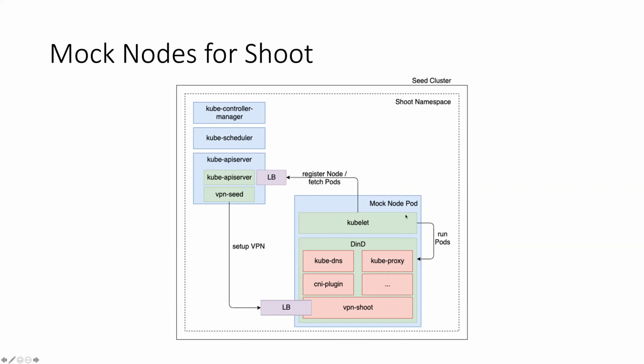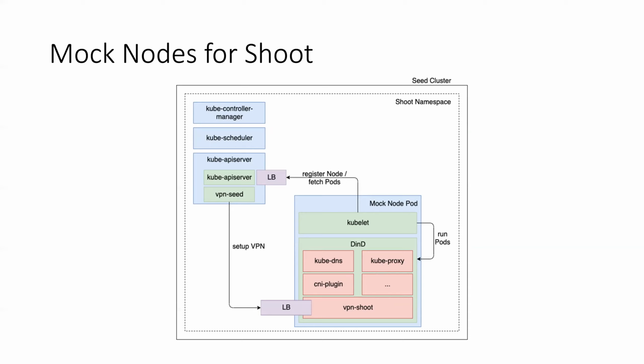So I started a kubelet container inside this node pod, and also a Docker in Docker container, which is able to run Docker containers in an existing Docker container. The kubelet is configured to talk to this Docker in Docker container. It communicates via localhost and can run those system components that are needed for a Kubernetes cluster, for example, Kube DNS or Kube proxy, CNI plugins and stuff like that.